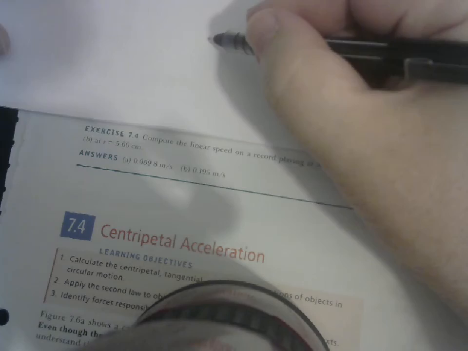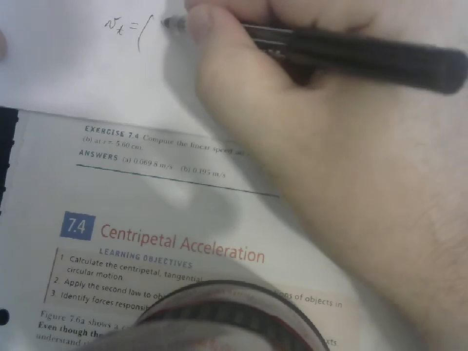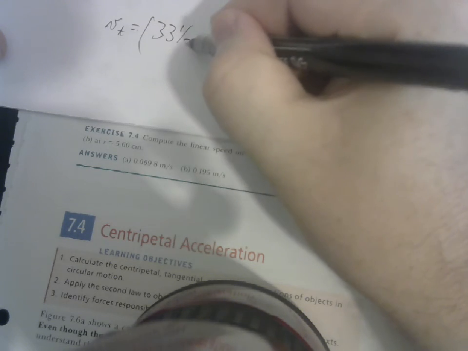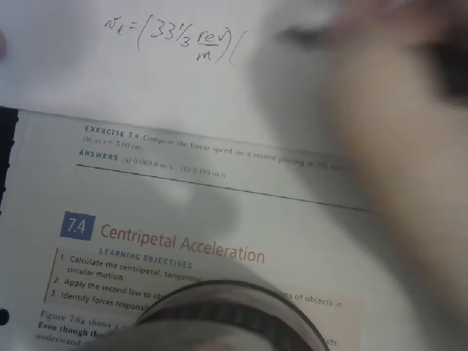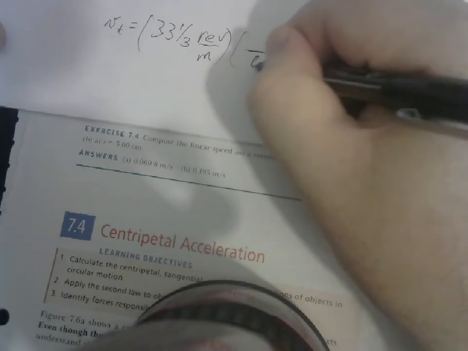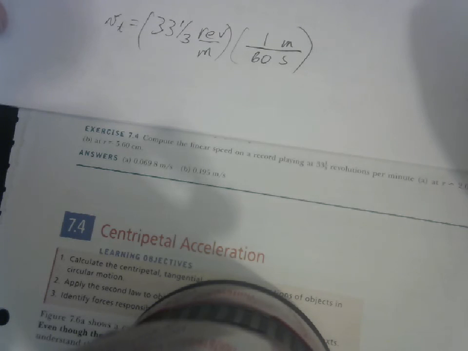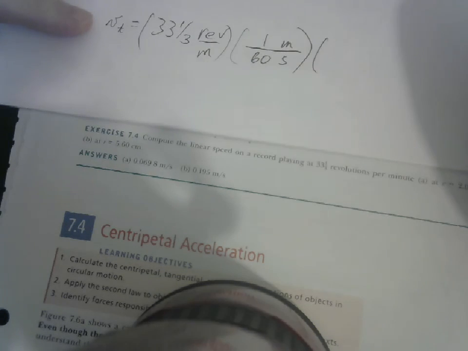The linear speed v sub t of a record player playing at 33 1/3 revolutions per minute times 1 minute per 60 seconds gives revolutions per second, and that is omega, and then you multiply that by r.